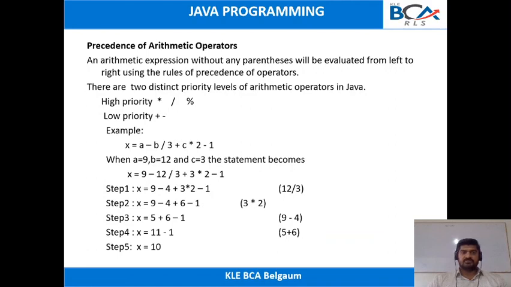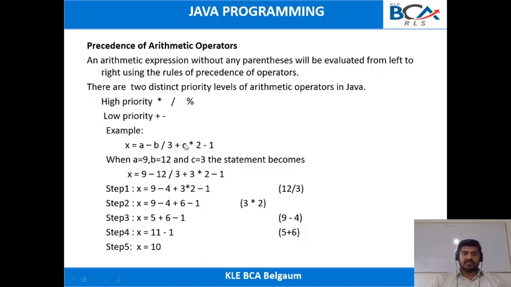Next we will see the precedence of arithmetic expressions. Precedence is nothing but which operators have the highest priority. Consider an arithmetic expression without any parenthesis; it will be evaluated from left to right.